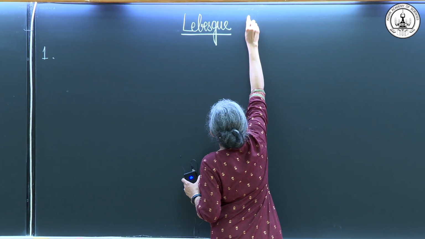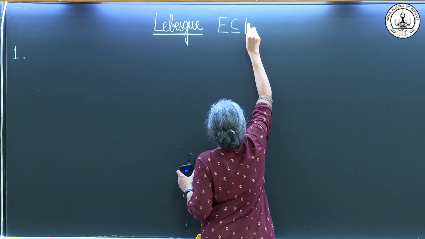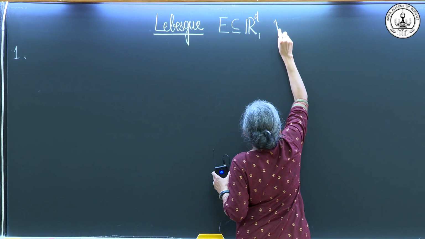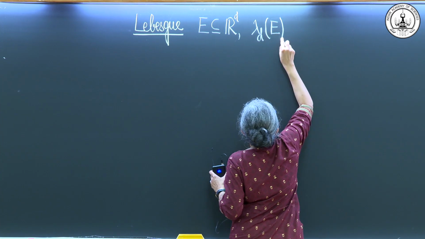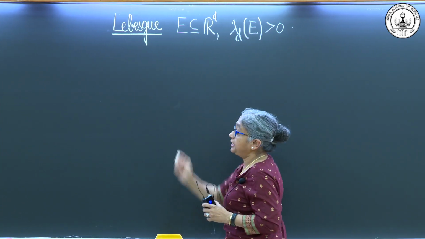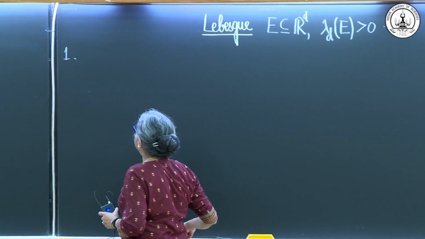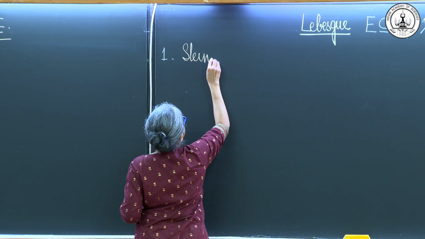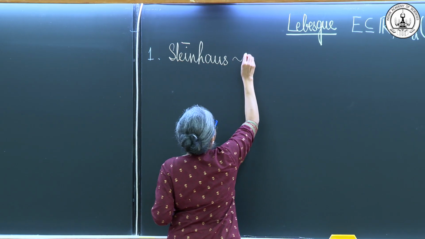When I say Lebesgue, what I really mean is I'm going to look at subsets E of R^d whose d-dimensional Lebesgue measure lambda sub d is positive. With that assumption, I told you yesterday about this old result of Steinhaus, from way back when.